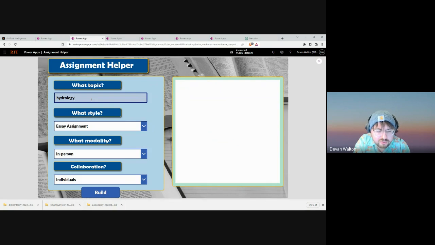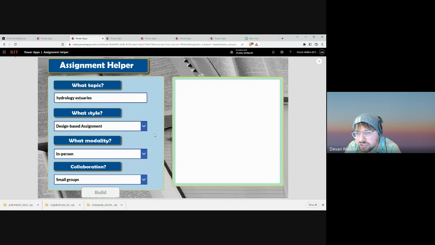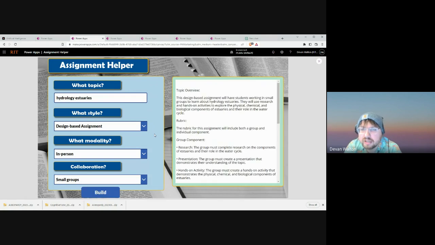Let's do the hydrology of estuaries. And let's make it a design-based assignment, and let's make it in person, and let's do small groups and see what it generates for us. And just like before, it's taking all of our inputs, packaging them up into a prompt, and pushing that prompt to the OpenAI server in order to generate a response.